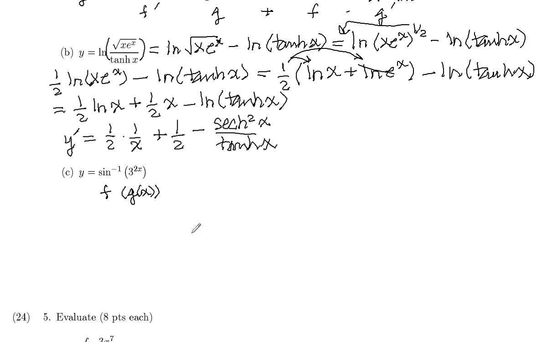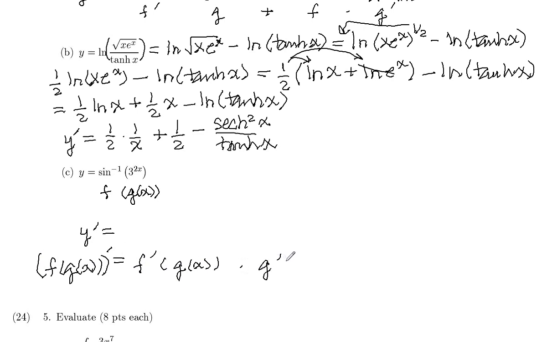And remember that when we do our y prime here, the derivative of f of g of x, you've got your f of g of x, that composition, and if you take the derivative of that, you get the derivative of the outside function, f prime, at the inside function, g of x, and then times the derivative of the inside, g prime of x. So that was one way that we wrote our chain rule.